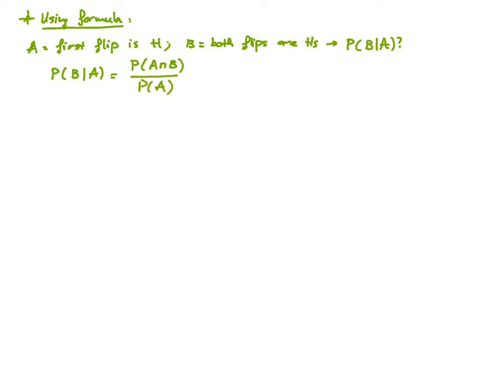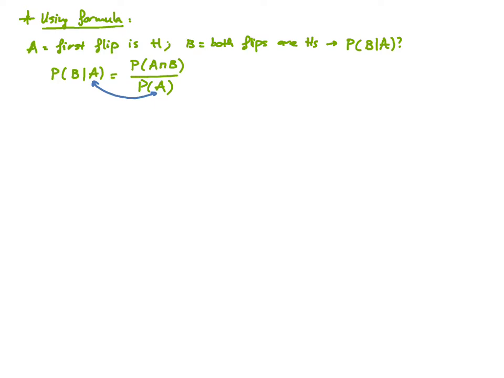Remember that whatever we are conditioning on, we want to divide by the probability of that. Okay? So we're conditioning on A, we divide by the probability of A. So to do this problem, it boils down to finding these two probabilities.